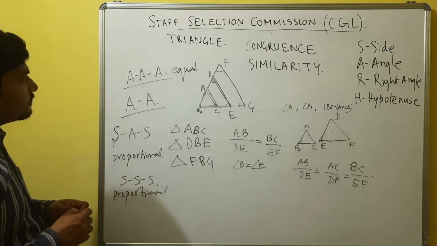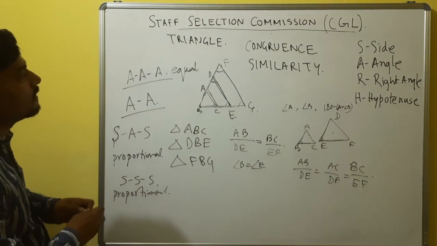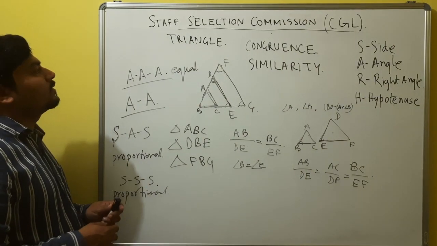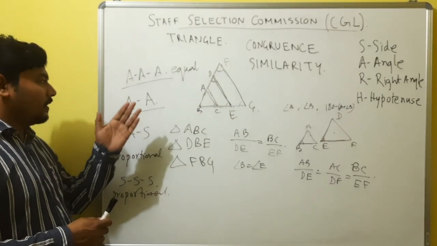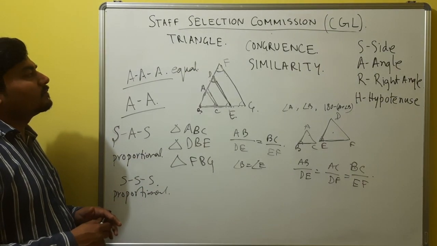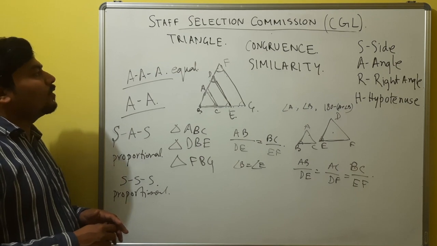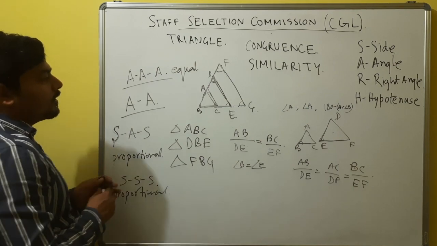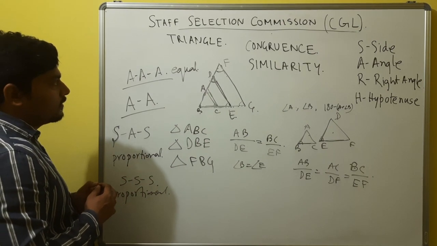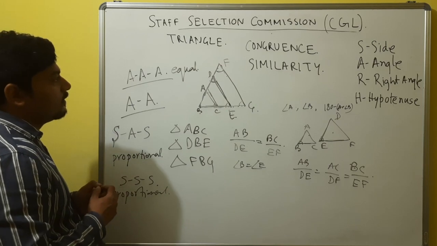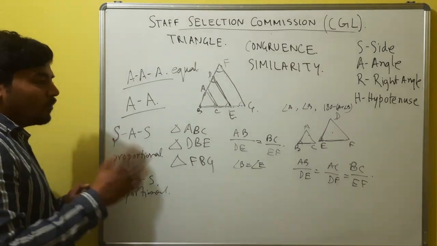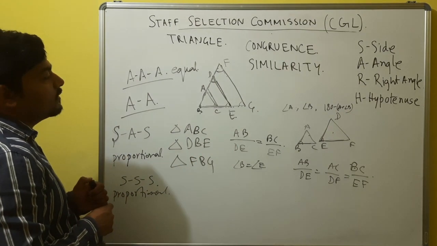So you got the idea of it, right? What are the things we studied in this particular class? What a triangle is, and a few of its properties. How two triangles can be congruent or similar, called congruence and similarity.